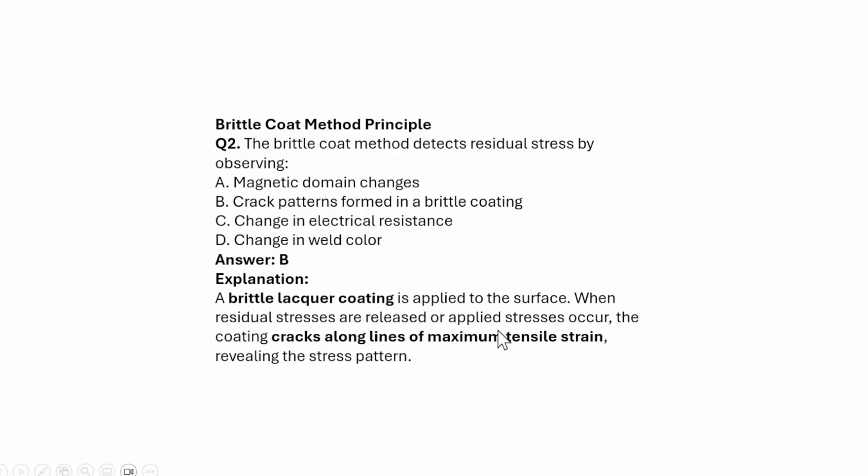We can see the crack pattern in the brittle coating, which we use to measure the residual stresses. The brittle coating cracks appear on the surface when residual stresses are released or applied stresses occur. The coating cracks along the line of the maximum tensile strain, revealing the stress pattern.